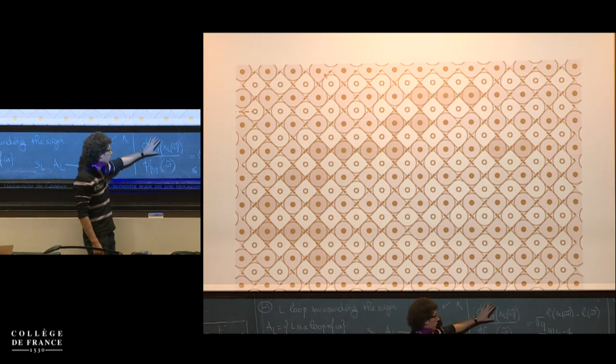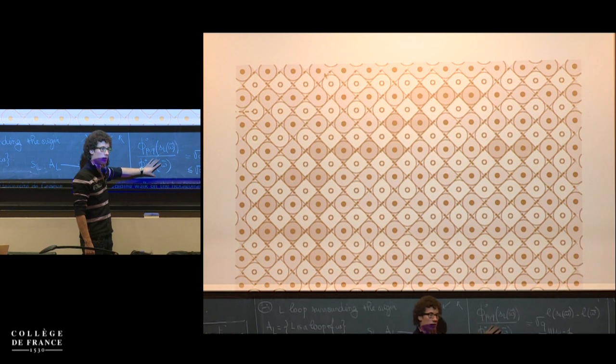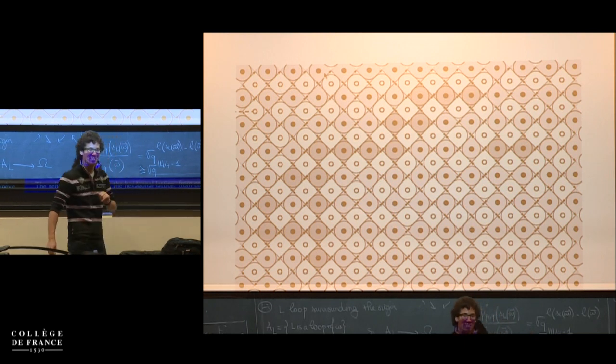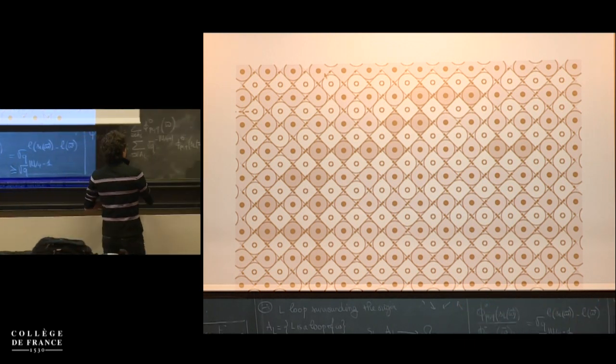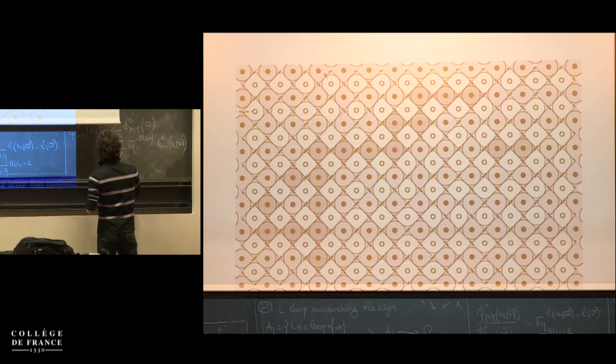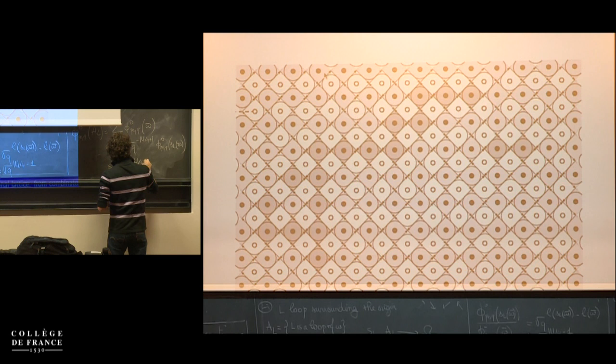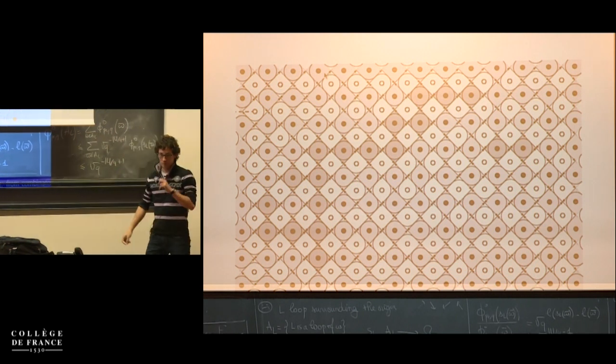So you want this thing to be much bigger than this. Sorry, this was the other way. Yes, sorry. So I get that this is smaller than square root of Q to minus the length divided by 4 plus 1. Okay?